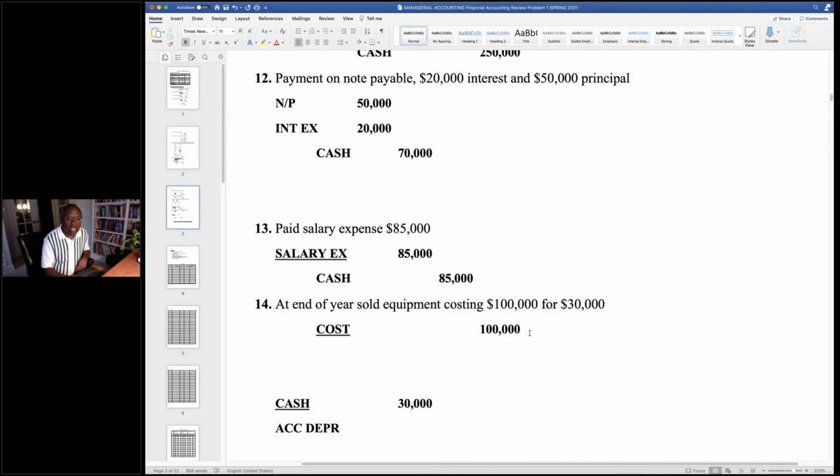Then we know that in year one, we would have calculated depreciation of how much?